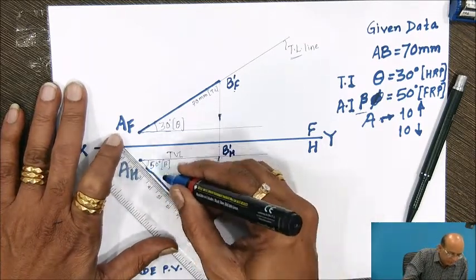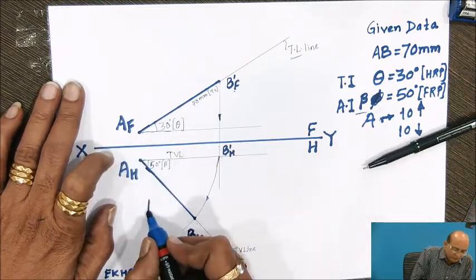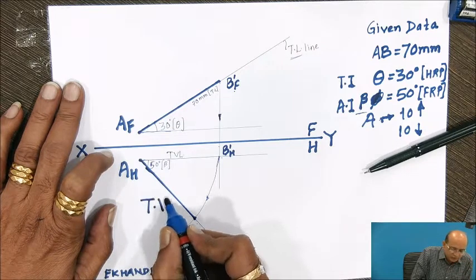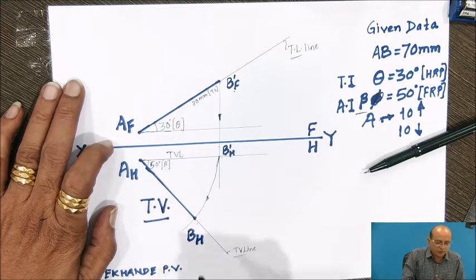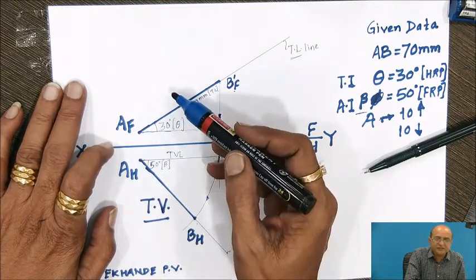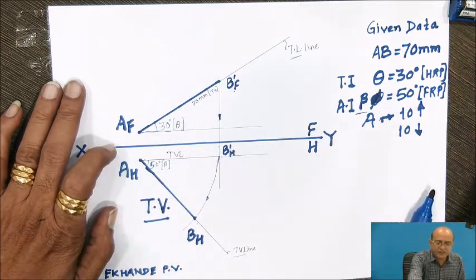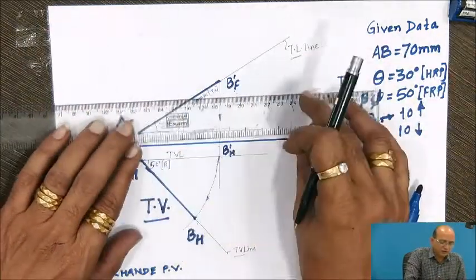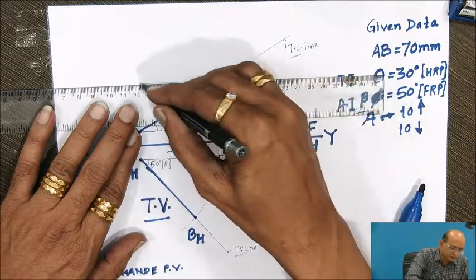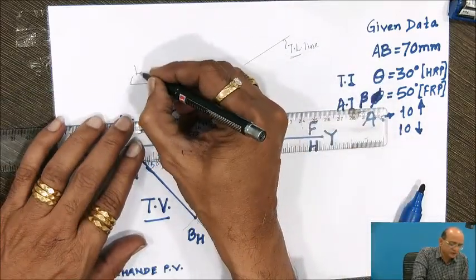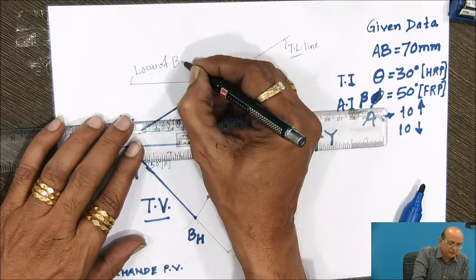The length AHBH is the top view of the line. So this completes the projection in the top view. To complete the projection, we must complete the front view also, and for that purpose the next step is drawing the locus through this B dash F. This line is the locus of the B end of the line.